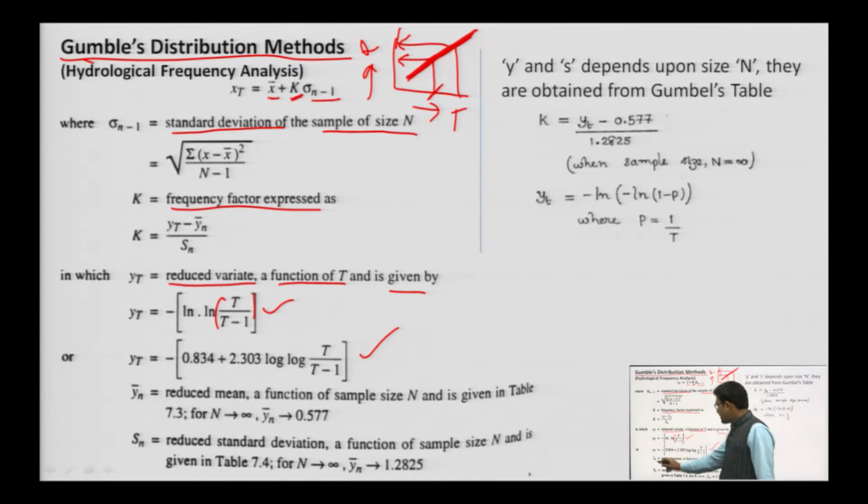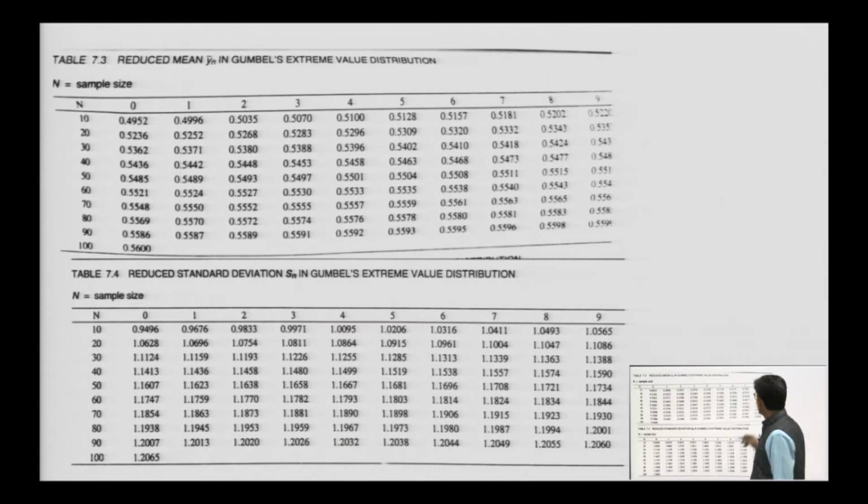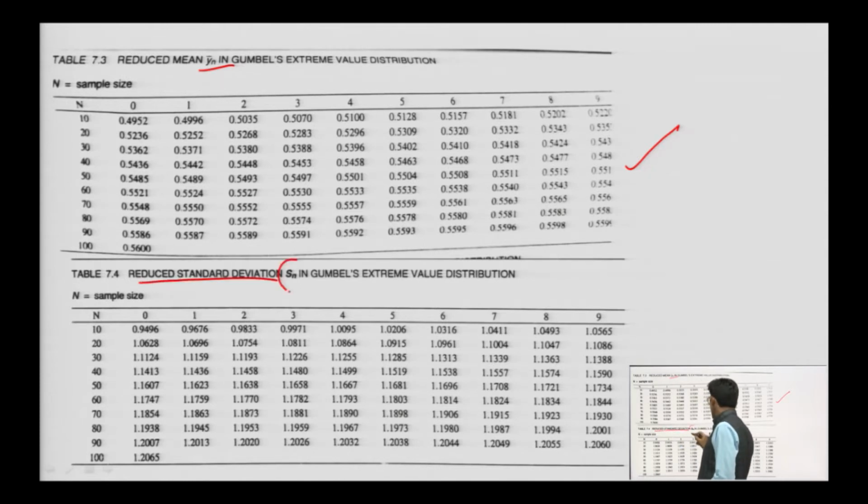What is y bar n? y bar n is the reduced mean. It is also a function of sample size n, and it is given in a table. This one is the table for y bar n, the reduced mean, and this is for the reduced standard deviation, S n.